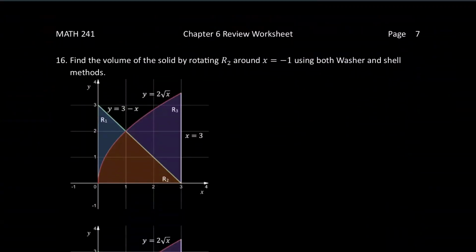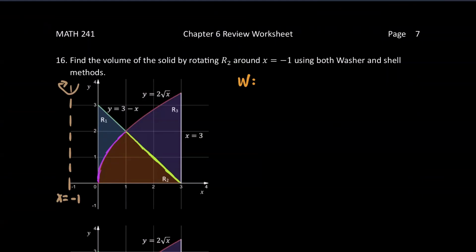Okay, so next problem, we're going to rotate region 2 again. And around the line x is -1. And let's do the washer method first.